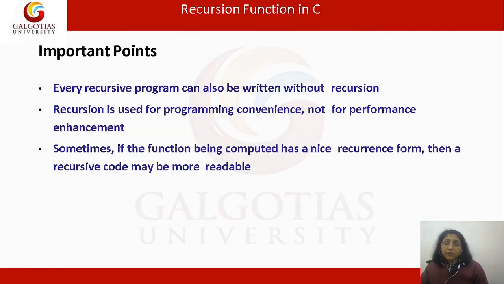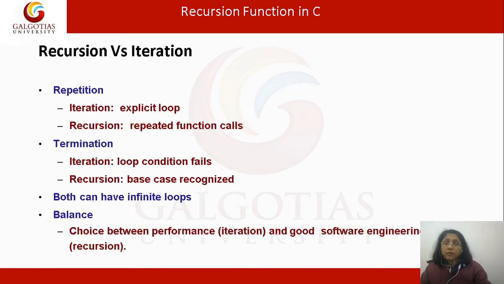Sometimes if the function being computed has a nice recurrence form, then recursive code may be readable. There is another thing that all of you are supposed to know: what is the difference between recursion and iteration? Both are used for repeated tasks.